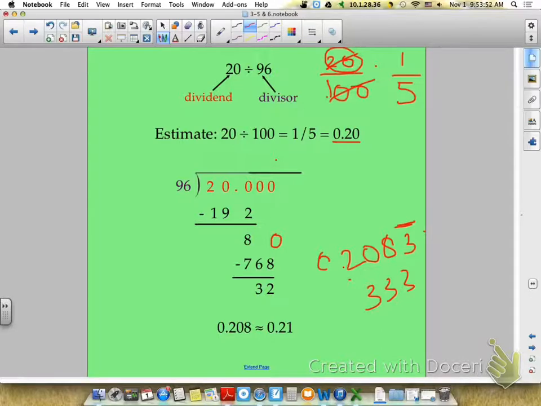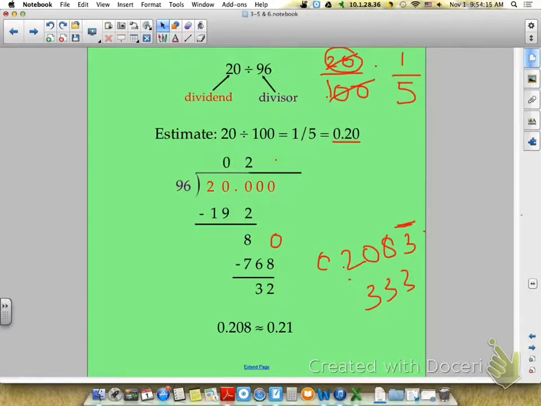Simone? Yeah? When we're doing division, how do you know when to stop doing the problem? Good question. Now, why did I stop here at 32? Because I needed to have how many digits up here? 3. Right?